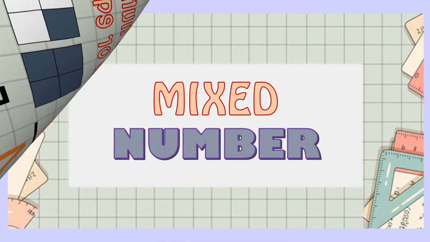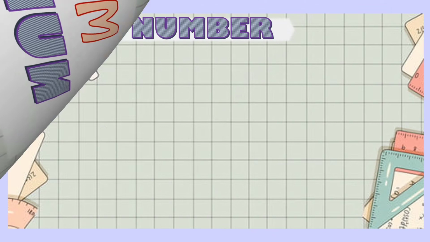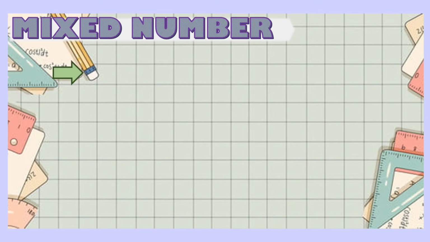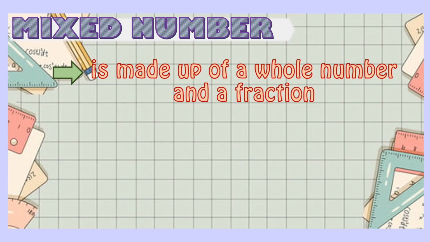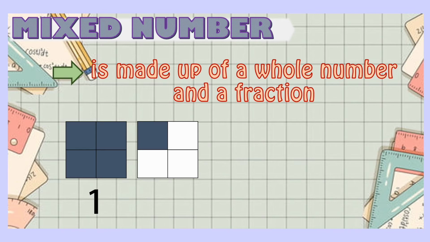Next is mixed number. A mixed number is made up of a whole number and a fraction. Example, there are 2 squares divided into 4 parts each and 5 parts are shaded. So we can say that the first square is a whole and the second square is 1/4.